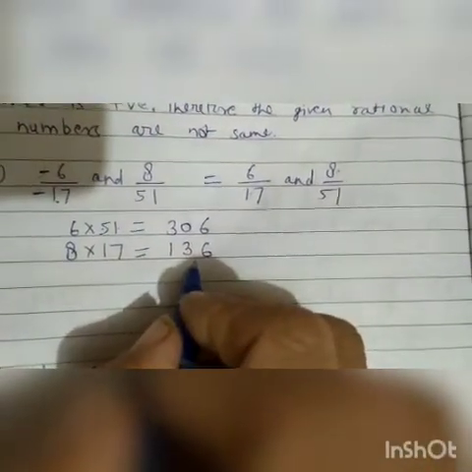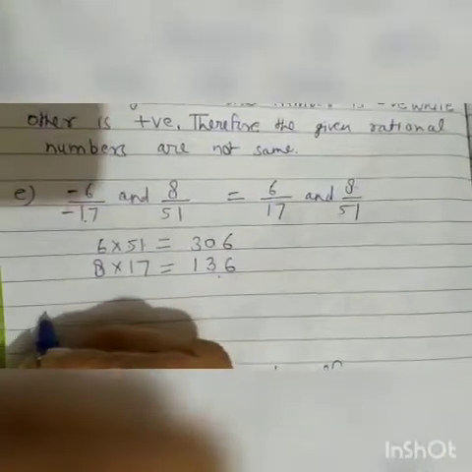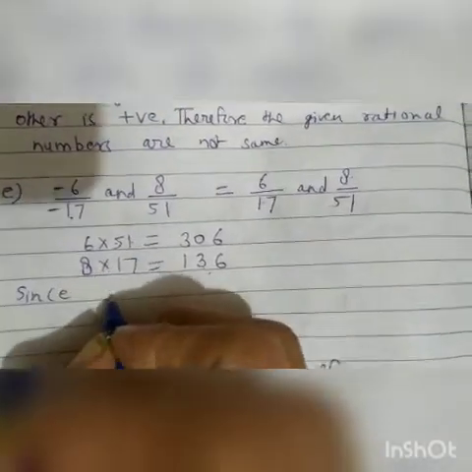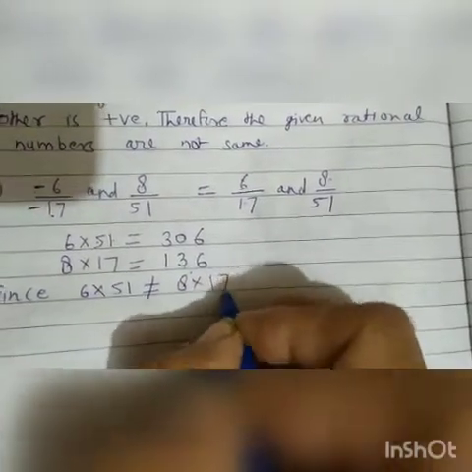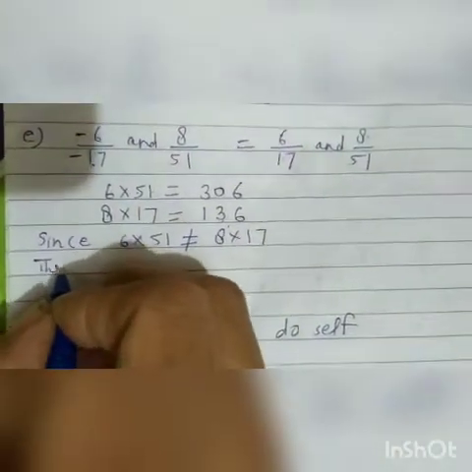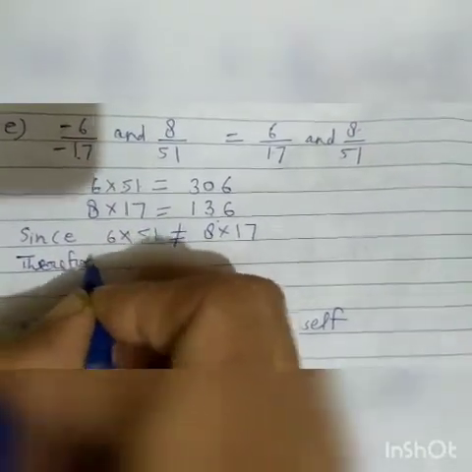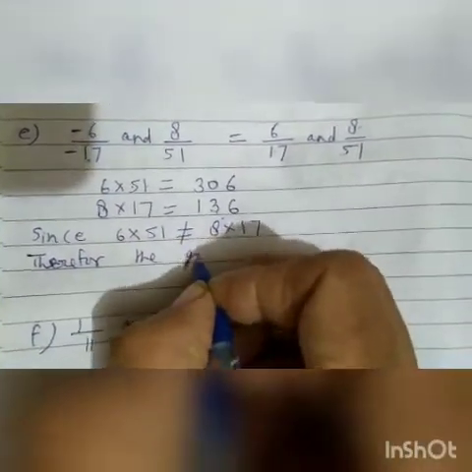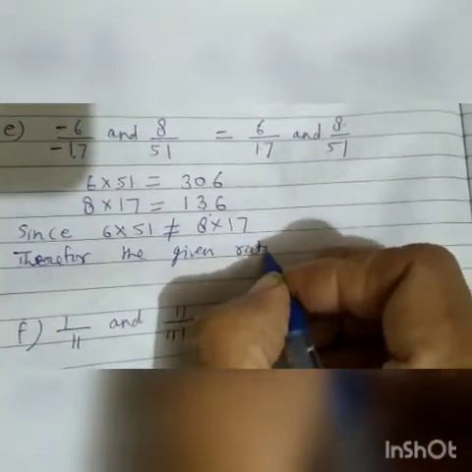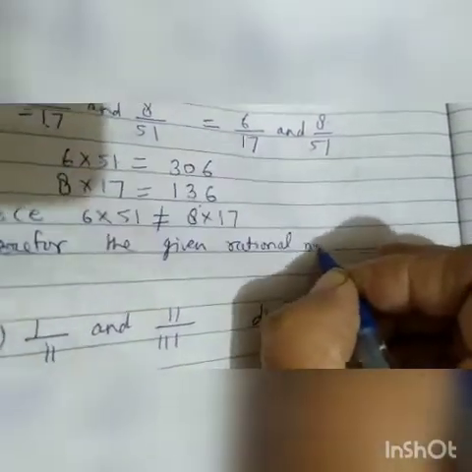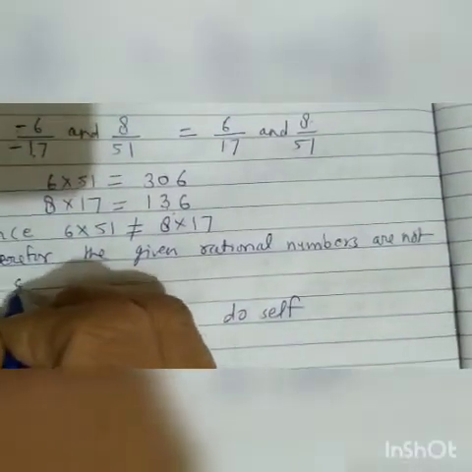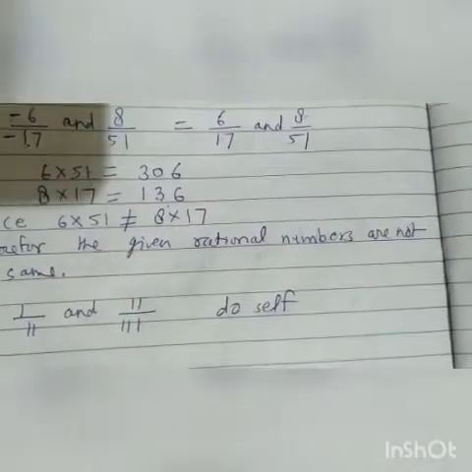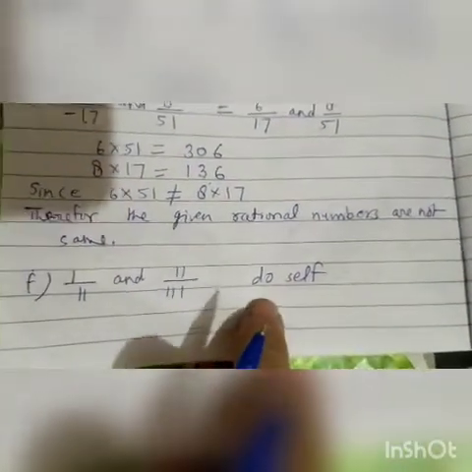Are these two products same or different? Both the products are different. So we will write, since 6 into 51 is not equal to 8 into 17, therefore the given rational numbers are not same. Now F part you will do yourself.